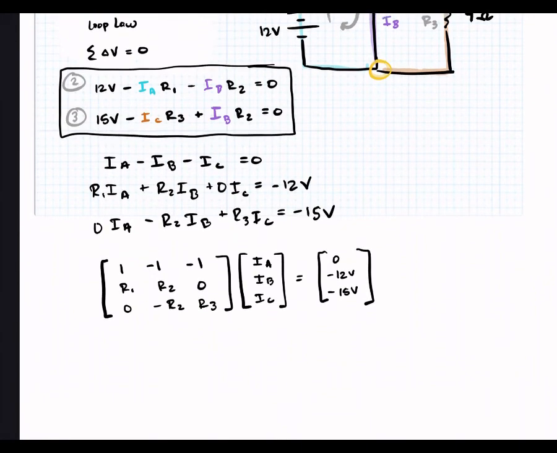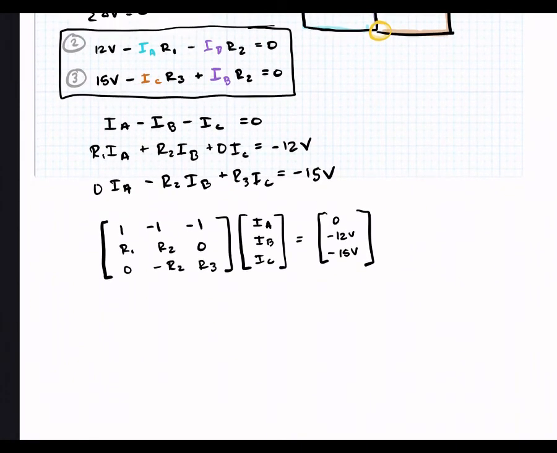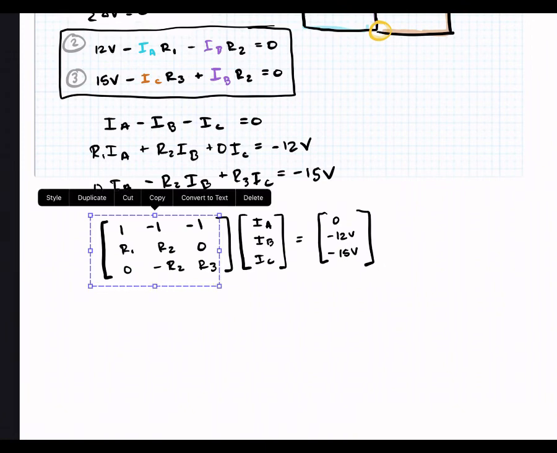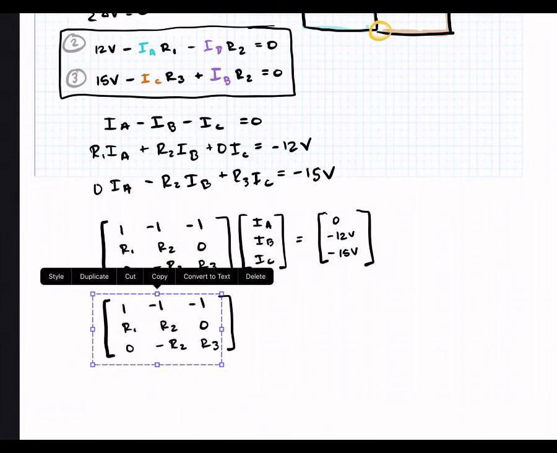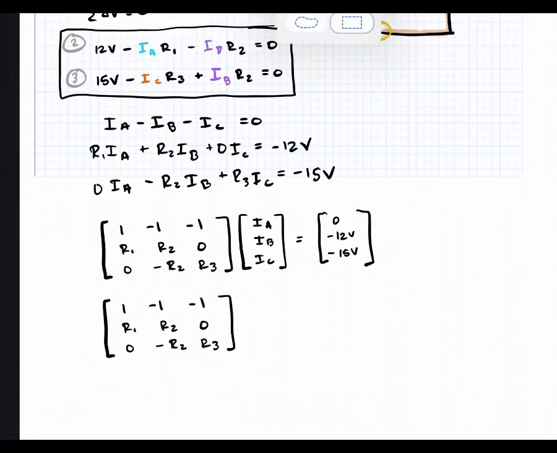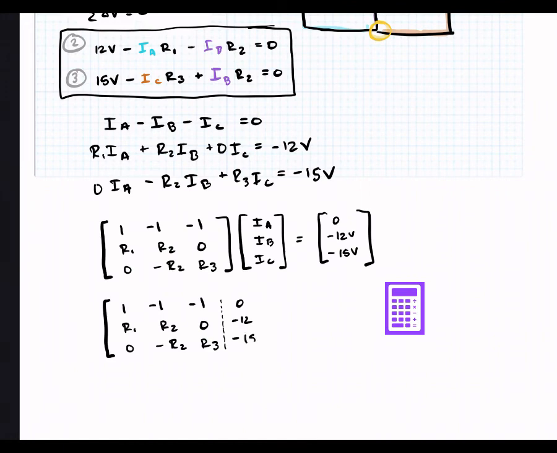All right. So this is all math, so I'm just going to skip ahead. The best way to solve this is to create an augmented matrix, and we can plug back in our R1s, R2s, and R3s.